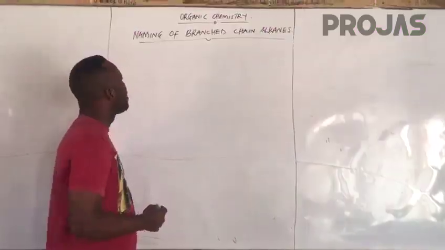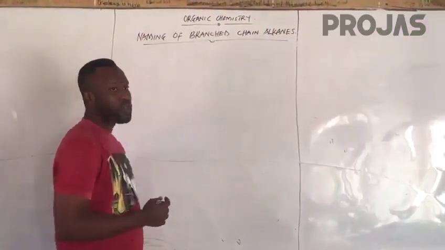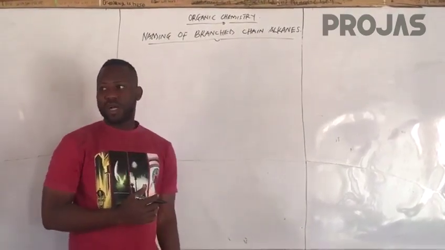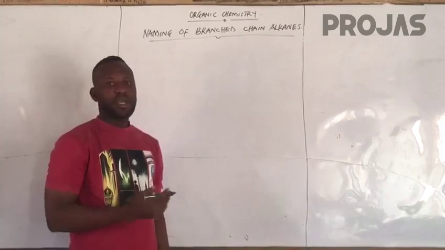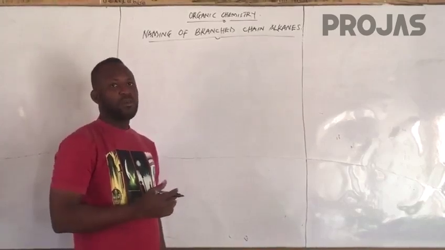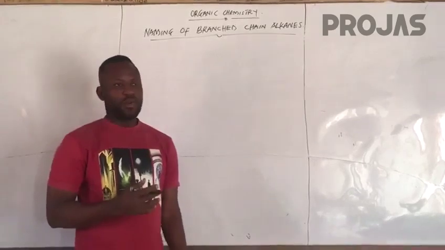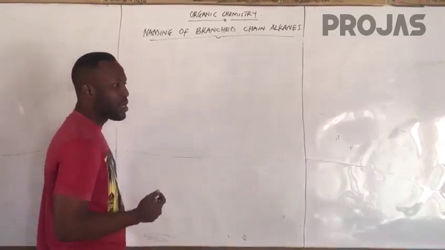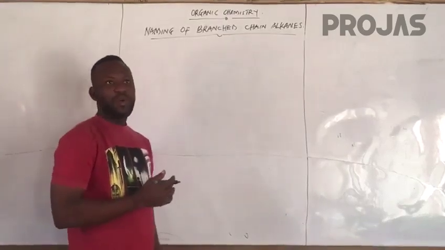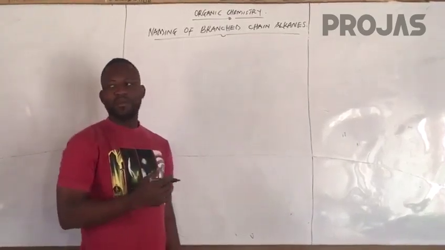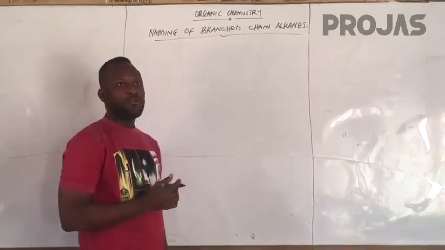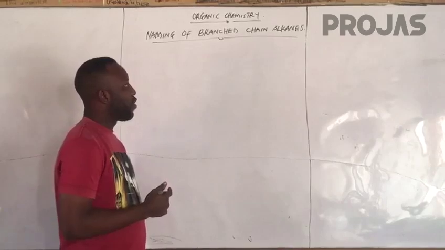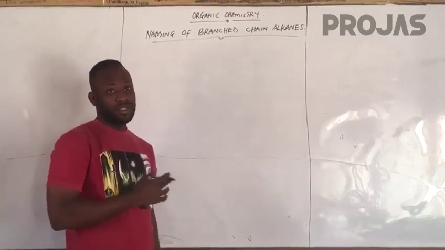So having done the structures of straight chain alkanes, let us see how we can give the IUPAC nomenclature of some branch chain hydrocarbons. We have some IUPAC rules that guide us on how to give the IUPAC name of branch chain alkanes or organic compounds generally.